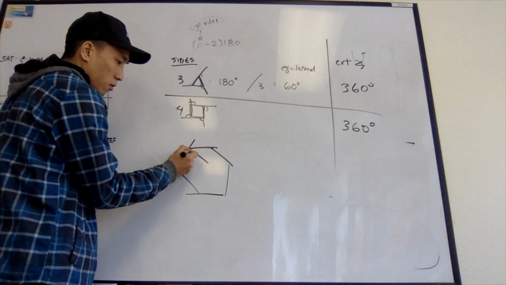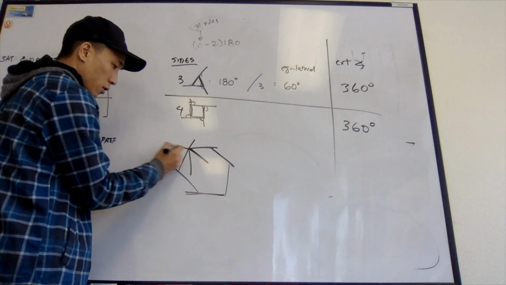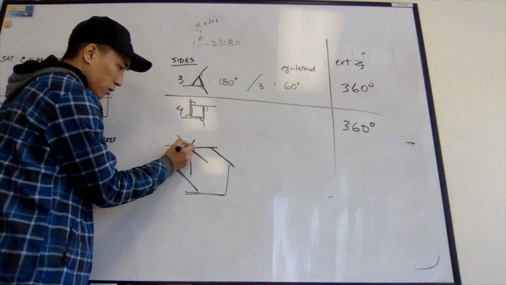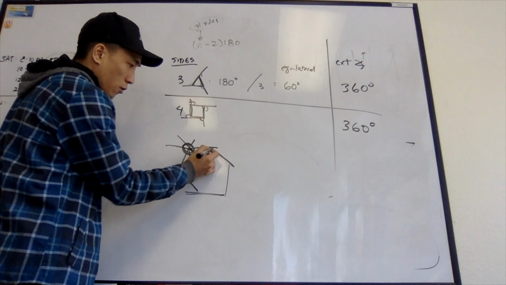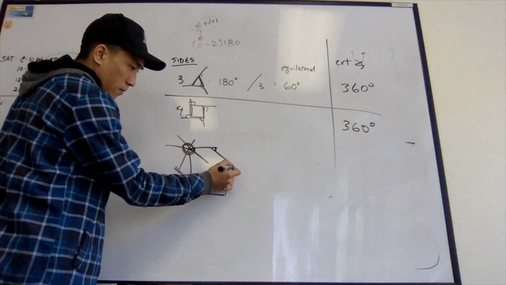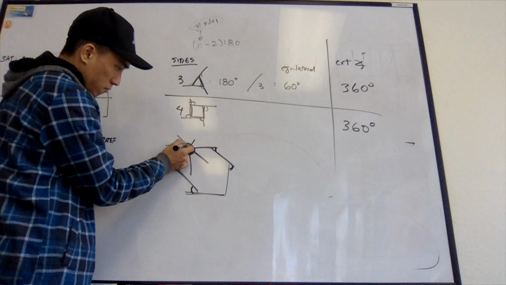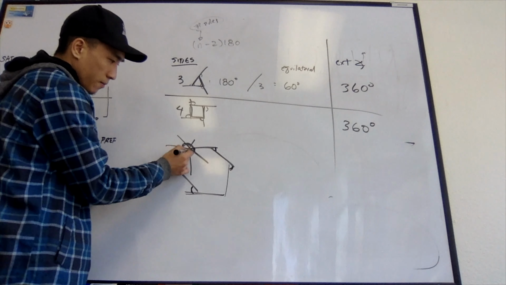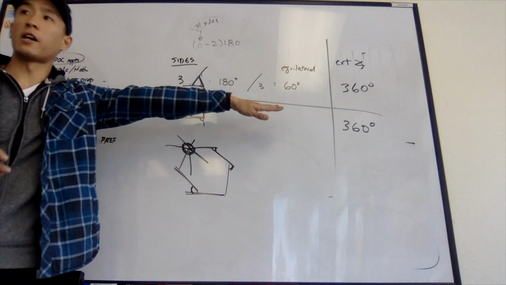If I draw this here, and this here, that's the 360 degrees. That makes sense? This angle is right here, this angle is right here. Do you see how I did that? So they always add up to be 360 for the external angles.